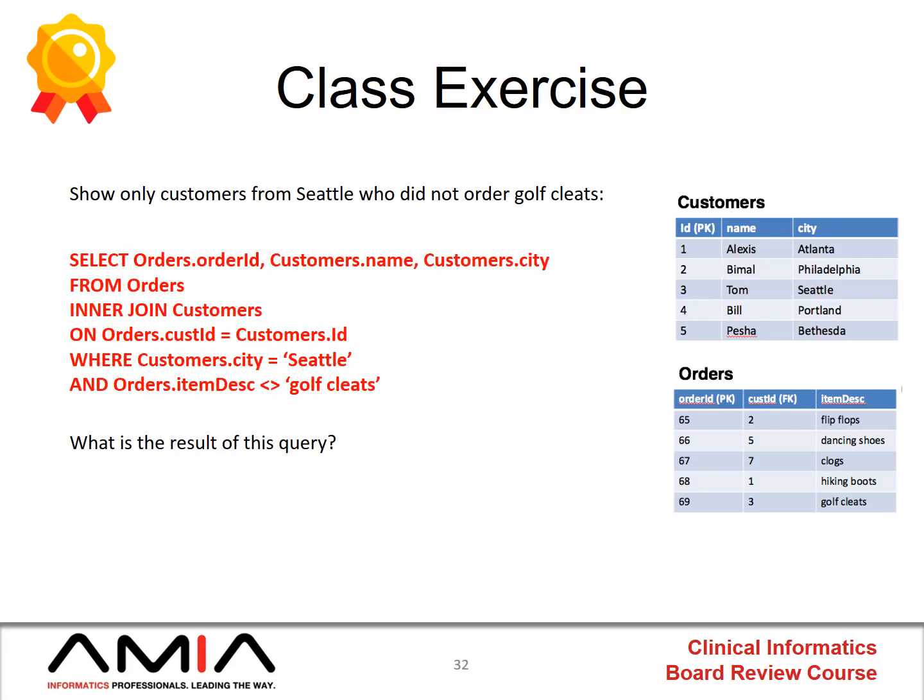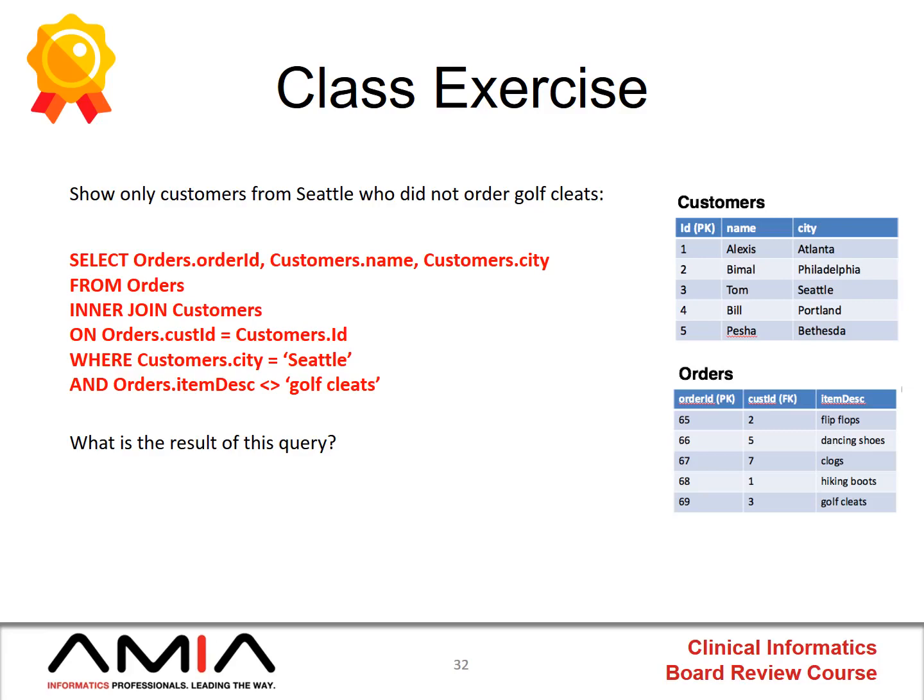Next question was, how do we show only customers from Seattle who did not order golf cleats? And this is a little bit of a trick question. When you have multiple conditions in the where clause, the first one starts with where and all the others are joined with ands and ors, and you can group them with parentheses as necessary to match your join criteria.